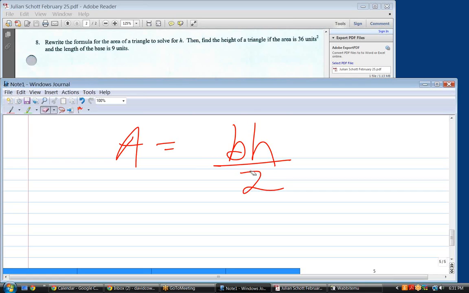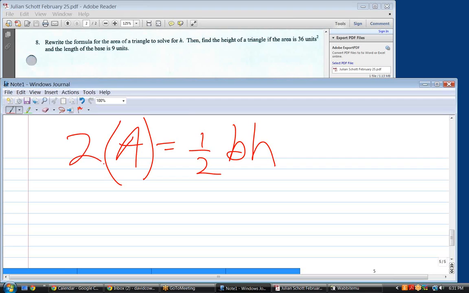Well, notice that's the same thing as this. So don't be confused by the fact that the half is out there all by itself. I'm still going to multiply both sides by 2. When I multiply the left side by 2, and I multiply the right side by 2, that 2 cancels with that, and I lose that number.